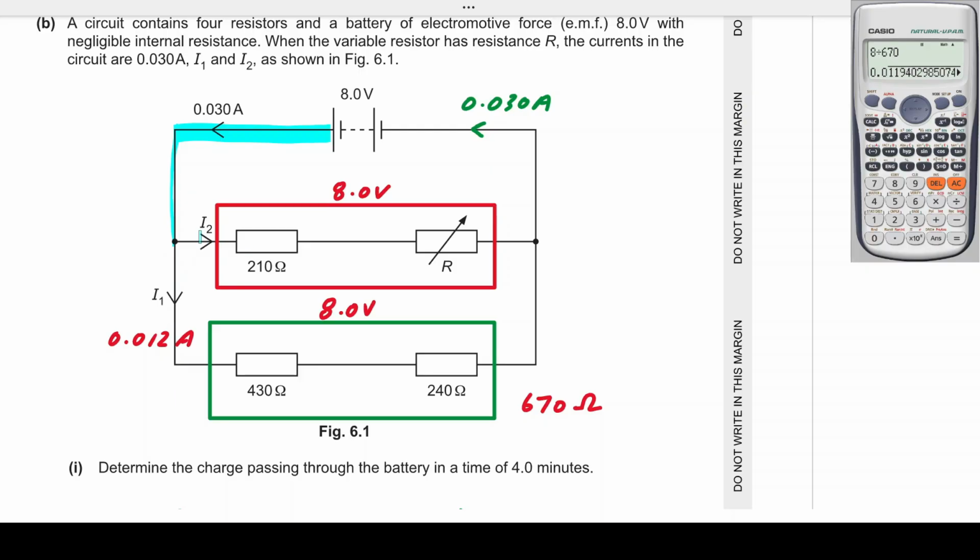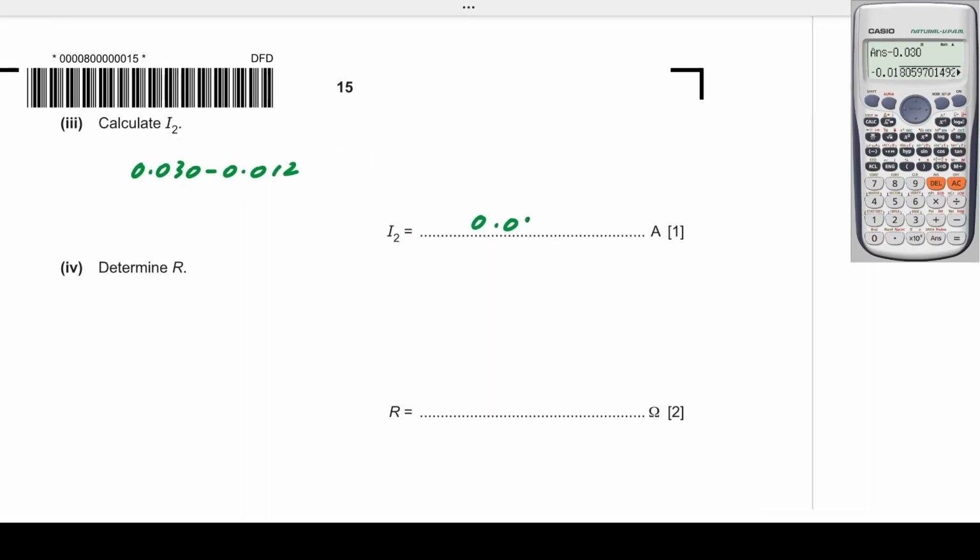What would be the current flowing through the upper branch? Should it not be the difference of these two? It should be. So 0.030 minus 0.012 amperes.